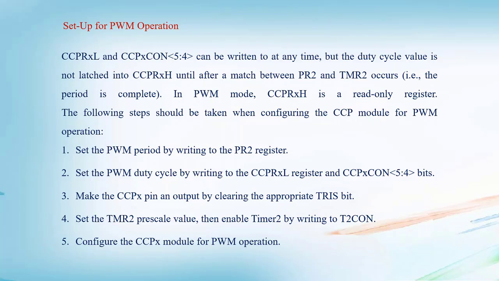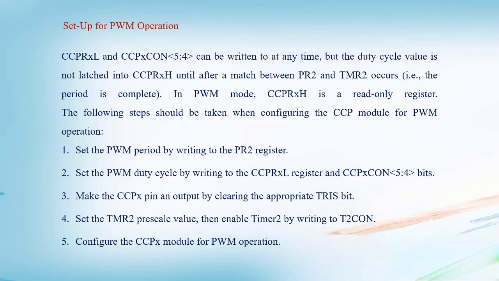Second step, set the PWM duty cycle by writing to the CCPRxL register and CCPxCON register 4th and 5th bits. Third step, make the CCPx pin an output by clearing the appropriate TRIS bit.